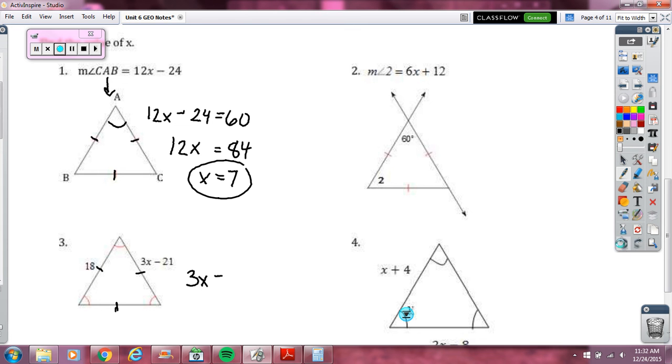Sides don't have to equal 60, they just have to equal the same thing. So 3x minus 21 equals 18. I'll add 21 to both sides and get 39. Divide everything by 3 and get that x must be 13. So you try number 2 and number 4, and I'll see you in class.